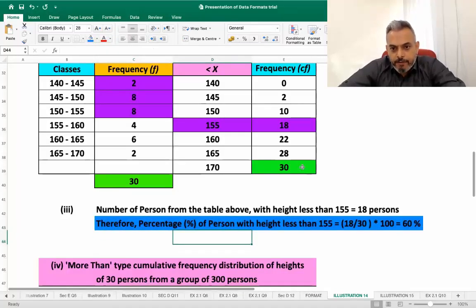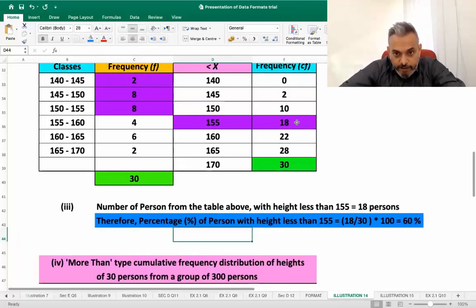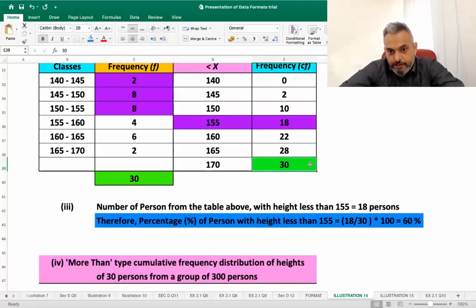See, 18 out of 30, so how much out of 100? Okay, that's how we find the percentage. So 18 divided by 30 into 100, which we get 60%. Please write this.